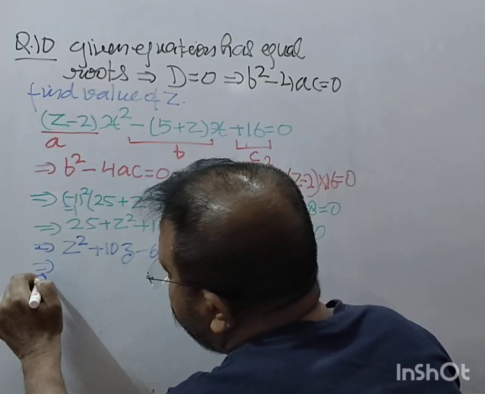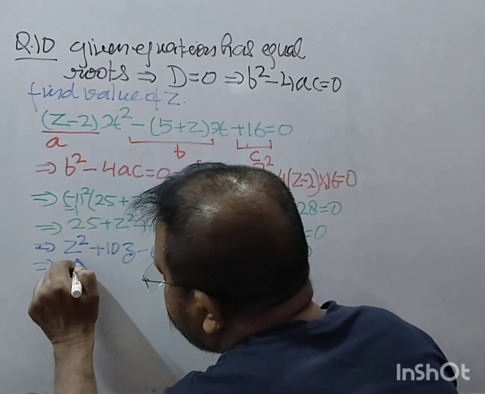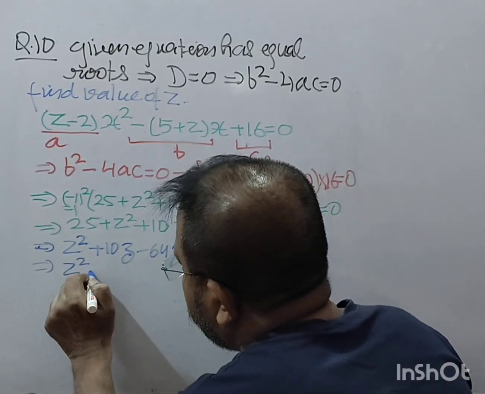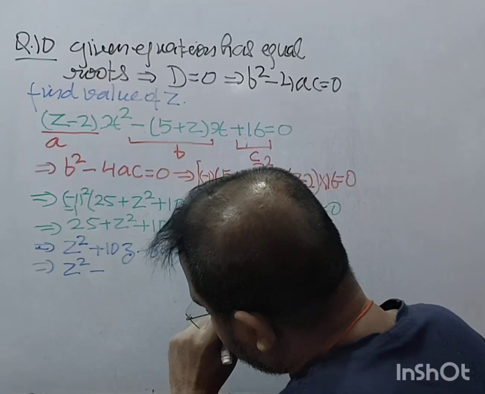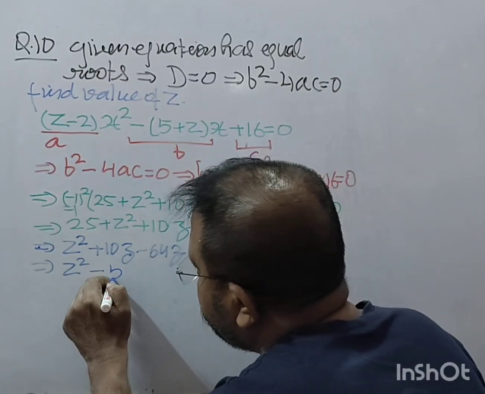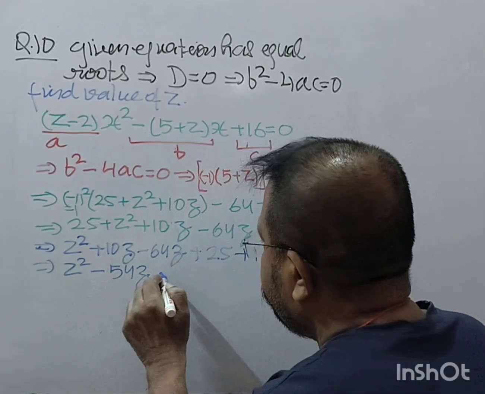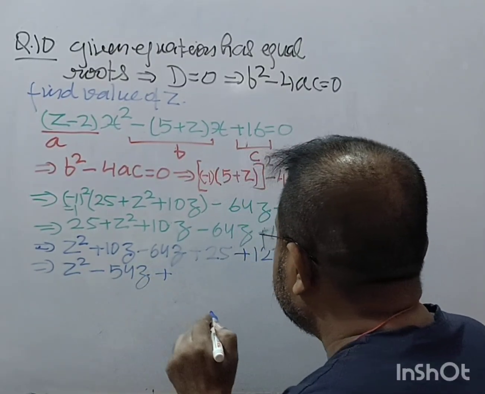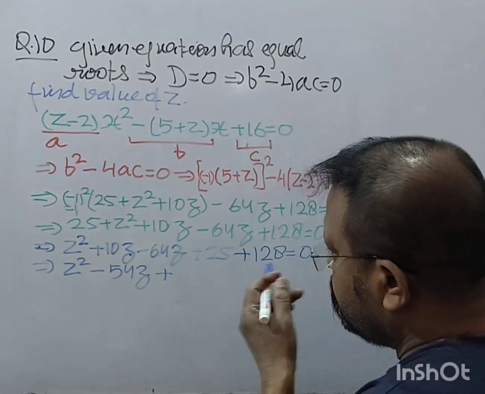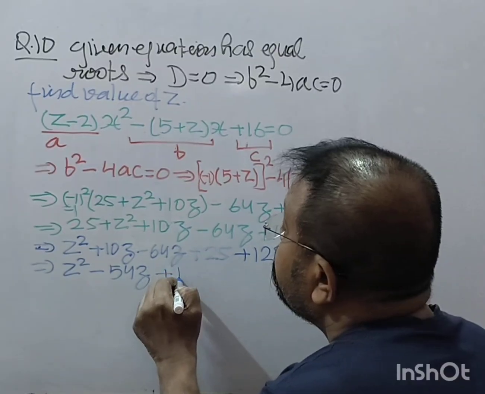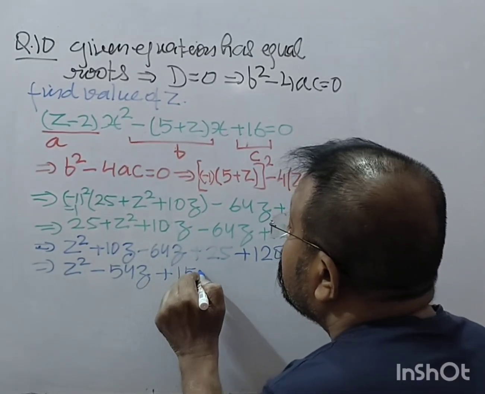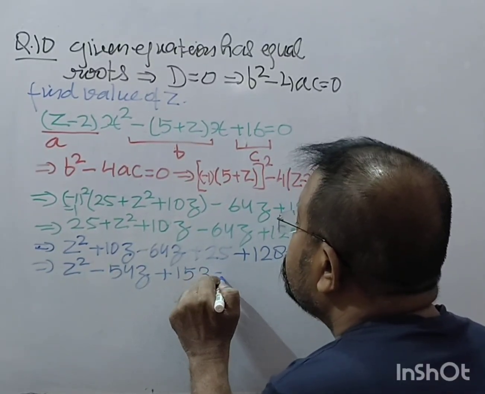So now we get how much? z square minus 54z plus 153 is equal to 0.